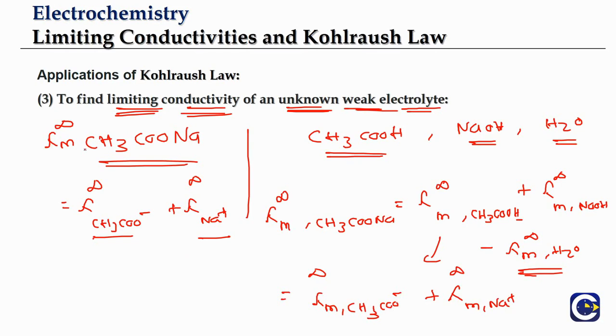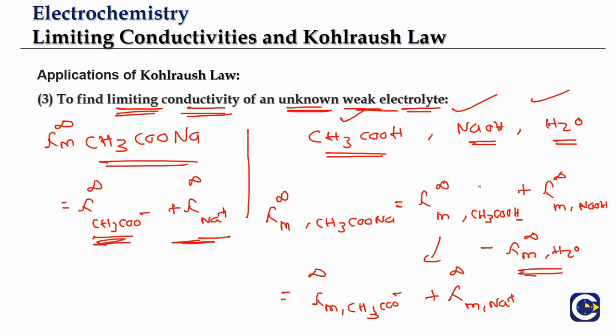So this way, it is not like we can just find it out like that. If we have the limiting molar conductivity of some electrolytes and we can make a combination like this, either we can add some and subtract some, or maybe multiply with a particular factor and then add or subtract. If we can algebraically work it out so that we exactly get this value, the basic thing is we must get this value.